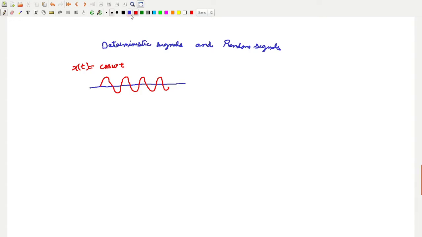Another example is a triangular wave, which can be mathematically represented.